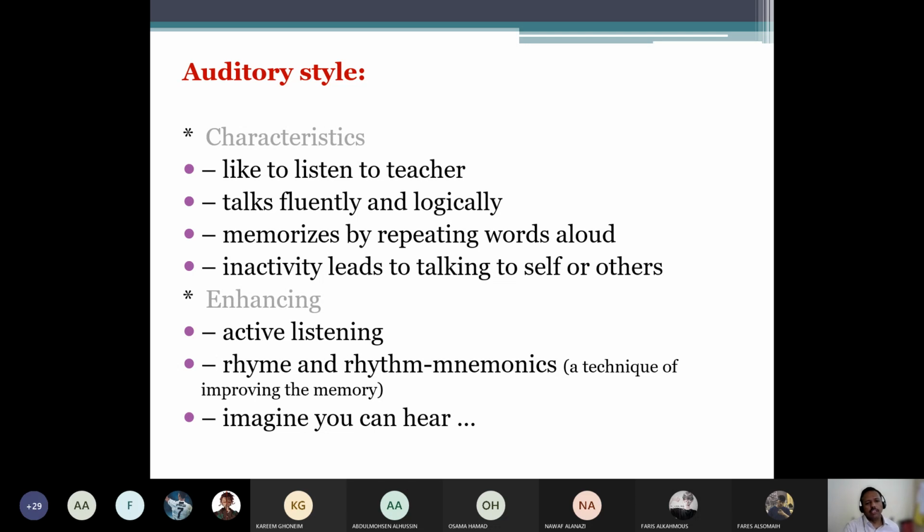Share, what do you call it in Arabic? Poems. Share. Yeah, share. And then they will be imagining something they are hearing. They always keep quiet and listen to what happened in the lecture, or maybe repeat the same words. This is how they can improve.